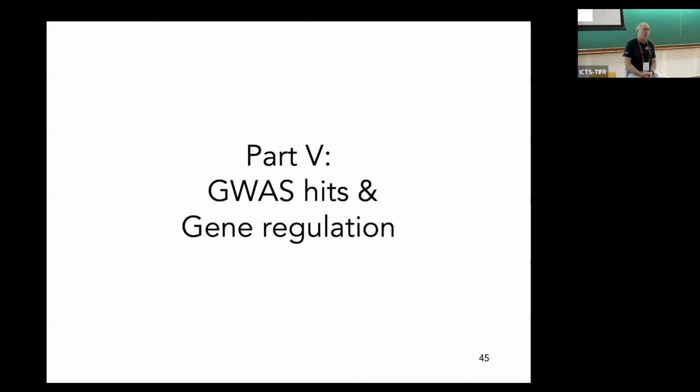So a lot of the signal is coming from A, rare alleles, but B, it's also coming from common alleles of small effect, right? I think the current estimate is over 2/3 of the signal for height is coming from common alleles, and 1/3 or less is coming from really rare alleles. So, questions so far?